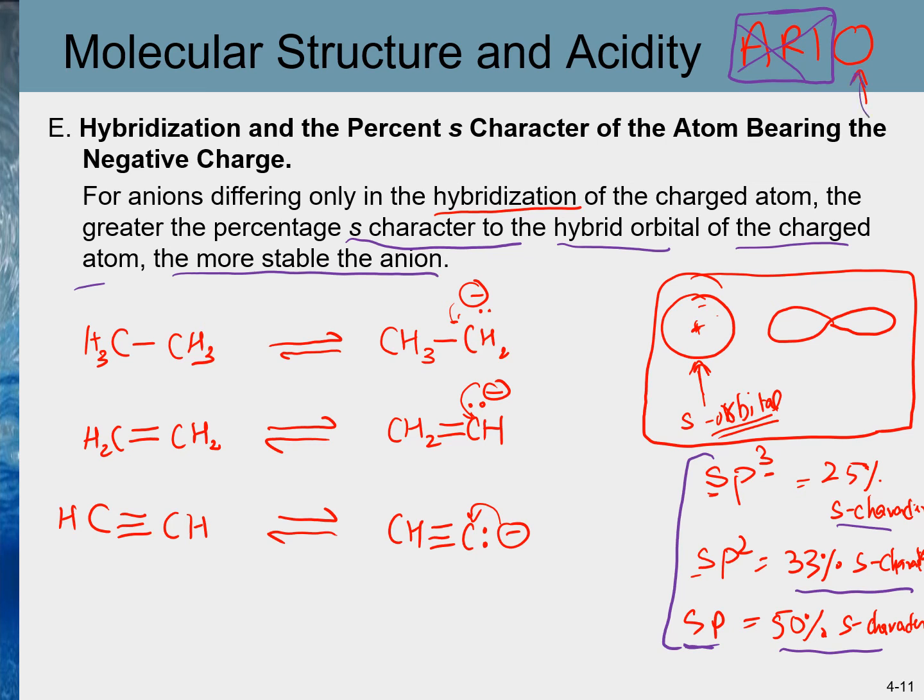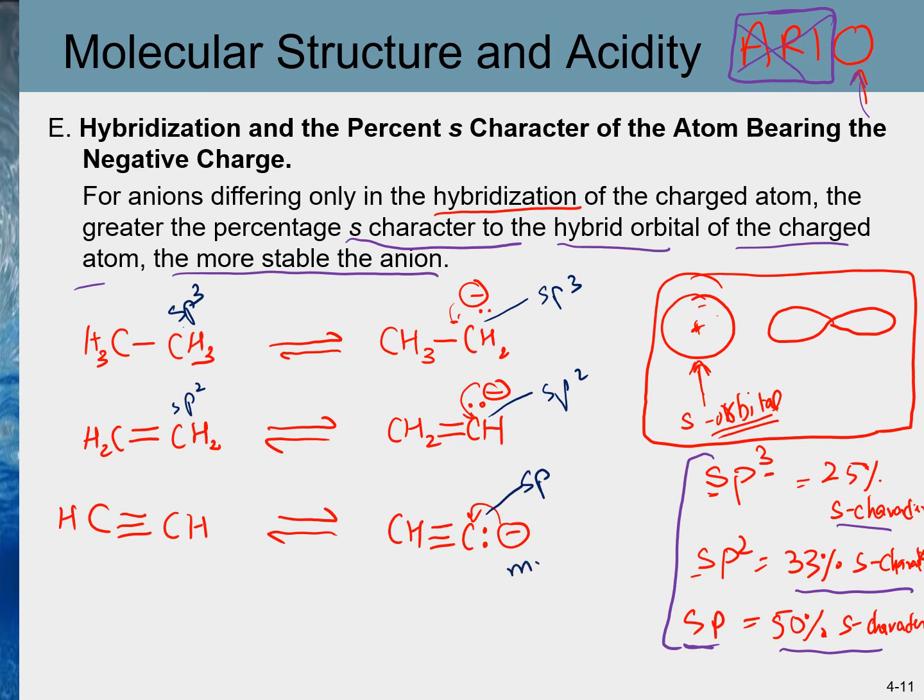So now we need to look at the hybridization state of the atom where the negative charge is. In alkanes, we know the hybridization is sp3. In alkenes, we have hybridization sp2. So this carbon is sp3, this carbon is sp2, and in alkynes, we know it's sp. So greater s character means more stable.